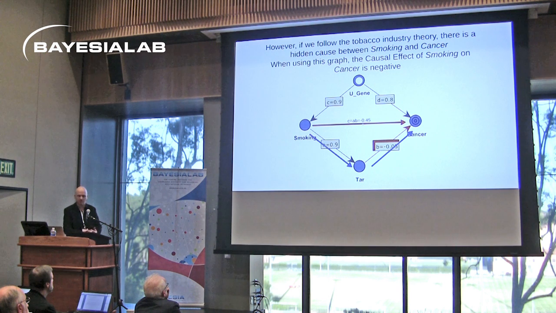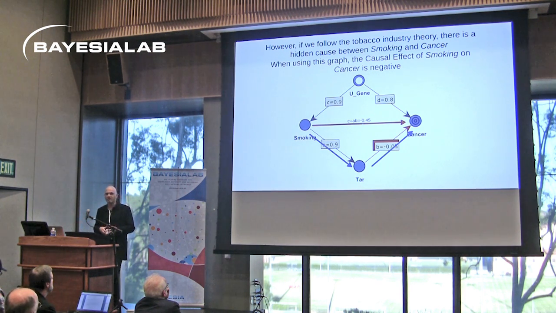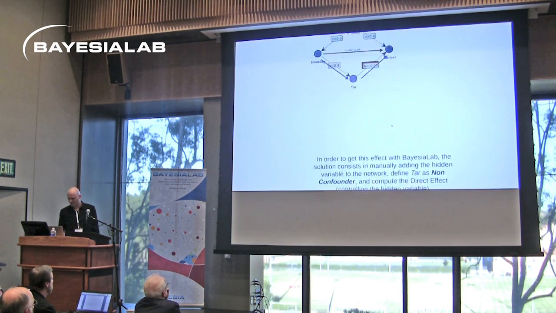If we use the right rules, we have a negative direct effect of the product between A and B. So something strongly positive multiplied by something slightly negative. So we have a negative direct effect between smoking and cancer. So using the theory, they are absolutely right.